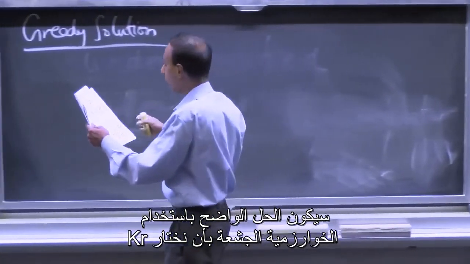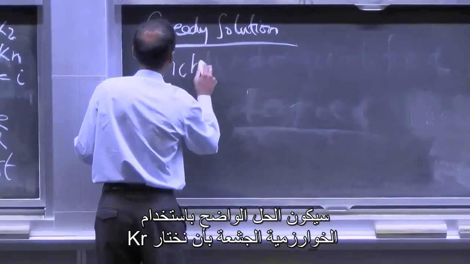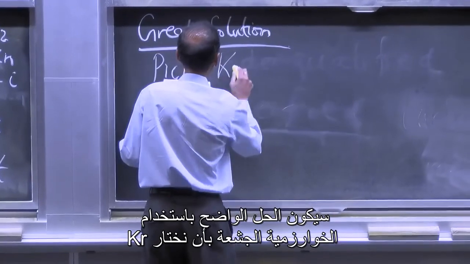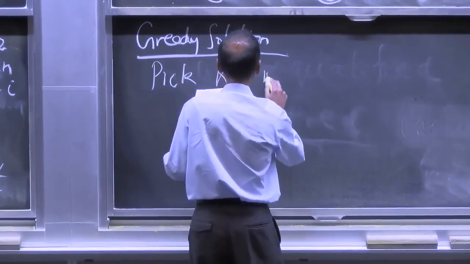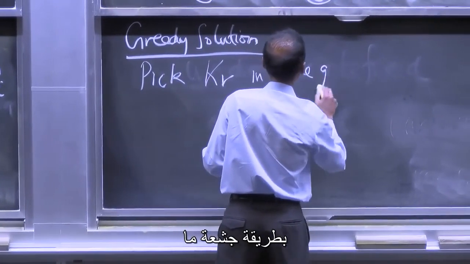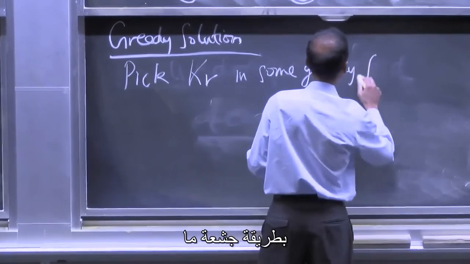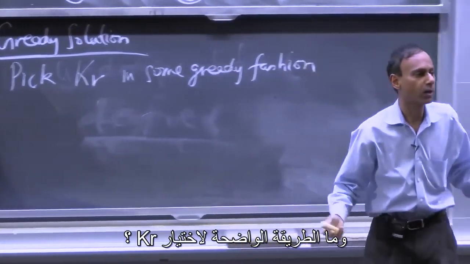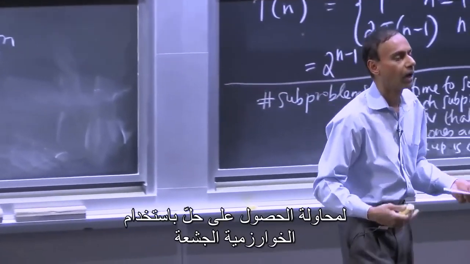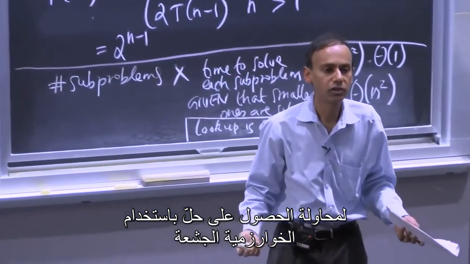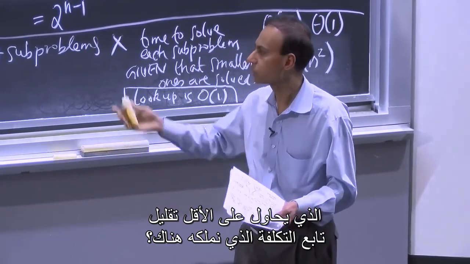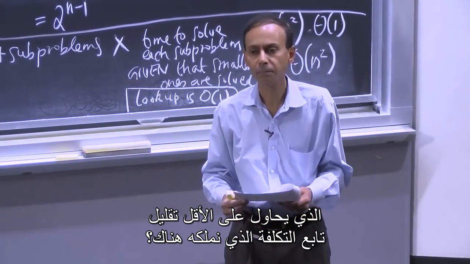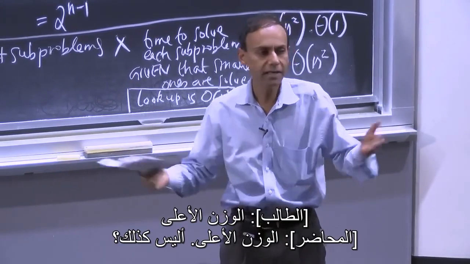So an obvious greedy solution would be to pick K of R in some greedy fashion. And what is the obvious way of picking K of R, to try and get a greedy solution that at least attempts to minimize that cost function that we have there? Highest weight, right?